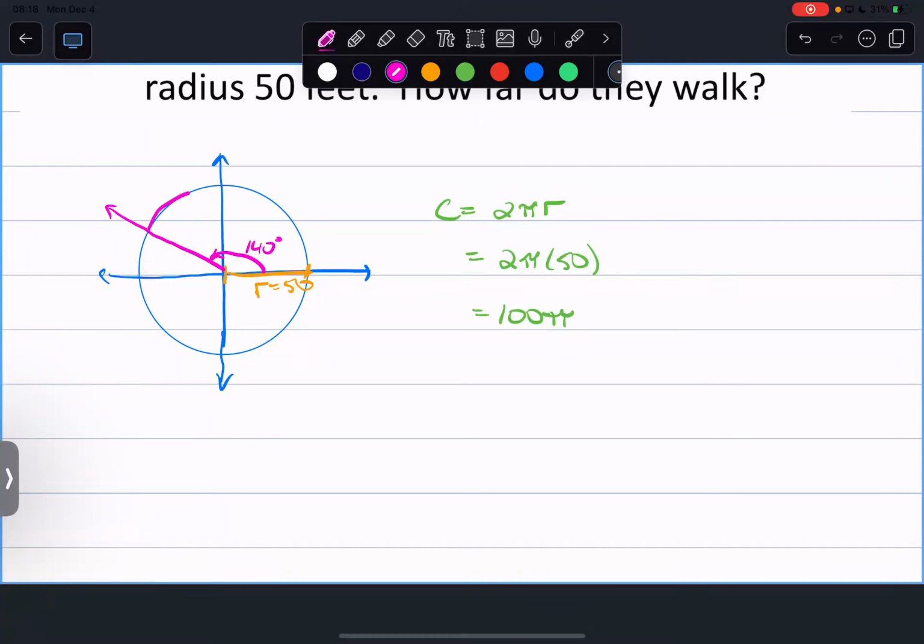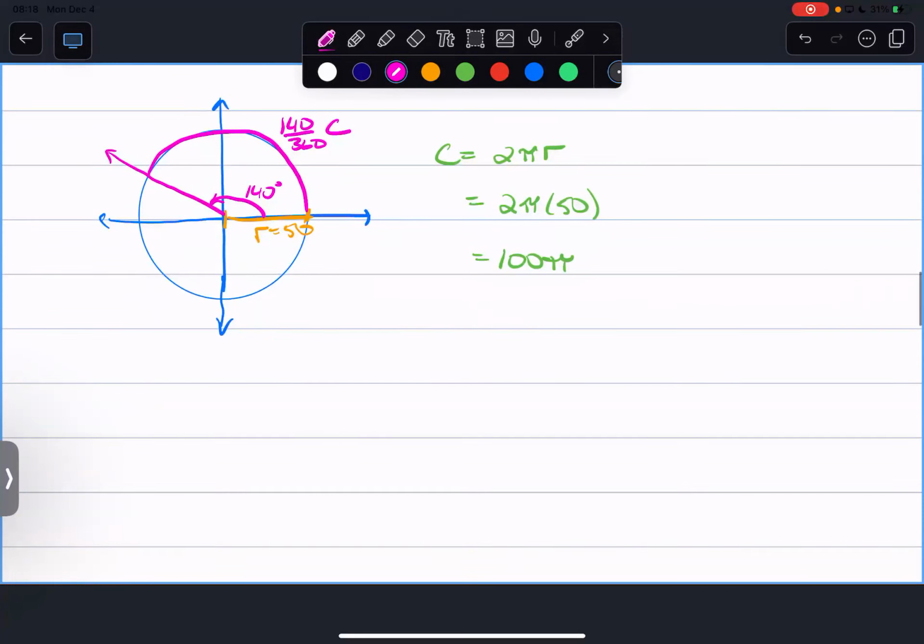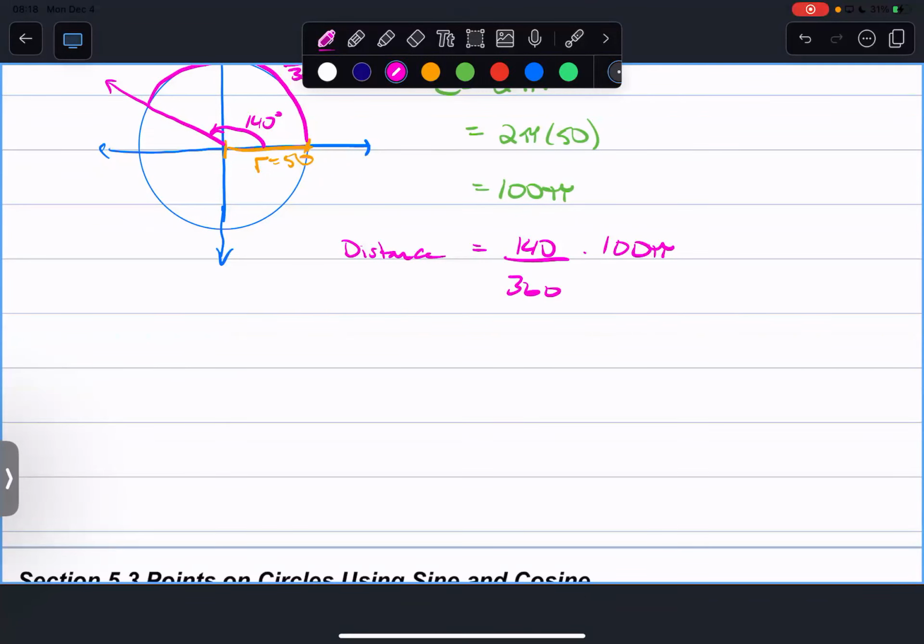So this distance here is 140 out of 360 times the circumference. So the distance is 140 over 360 times 100 pi. My calculator says 350 over 9 pi is the exact answer.